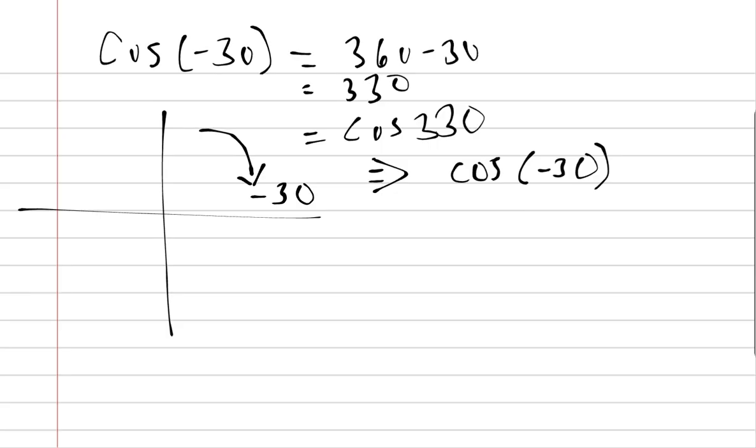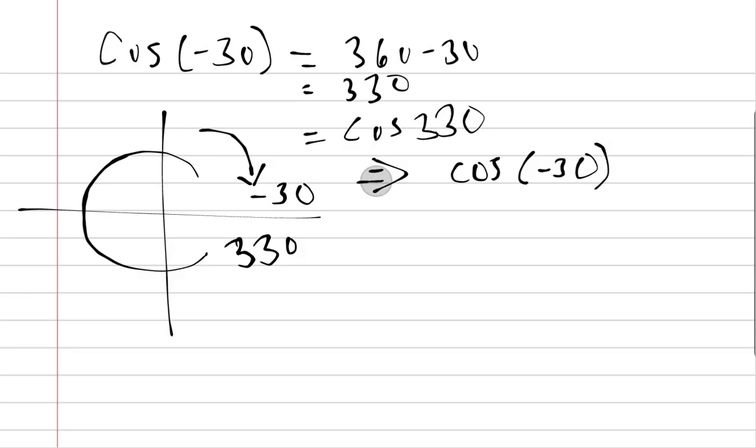Then if you are now using our main angle 330, that will be coming from here: 90, 180, 270, 360. This is 330. This is where your positive angle 330 will be. So now look at it here.